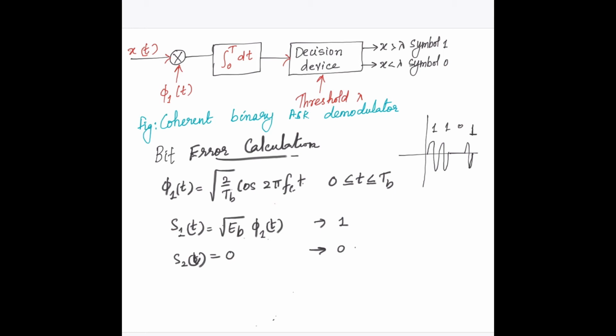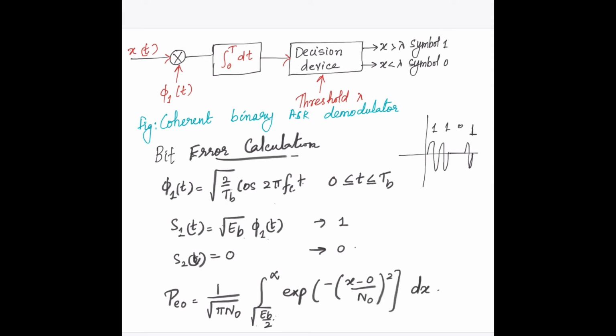The probability of error is generally given by the formula 1 by root of pi N0 into the integral from root of Eb by 2 to infinity of exponential of minus (x minus mu) by root N0 the whole square dx. This considers that the noise added in the channel is additive white Gaussian noise, so the formula is the probability distribution of the Gaussian distribution.